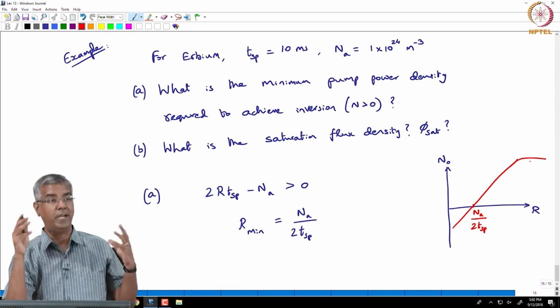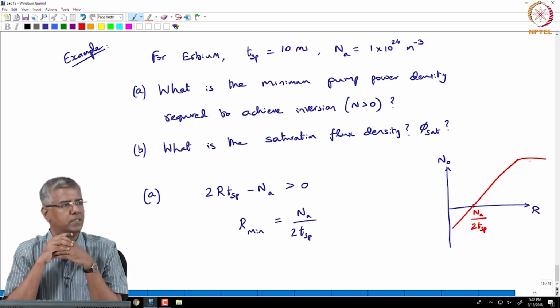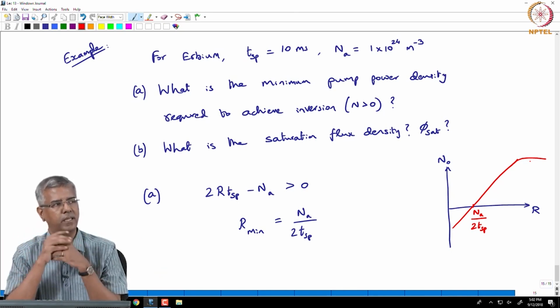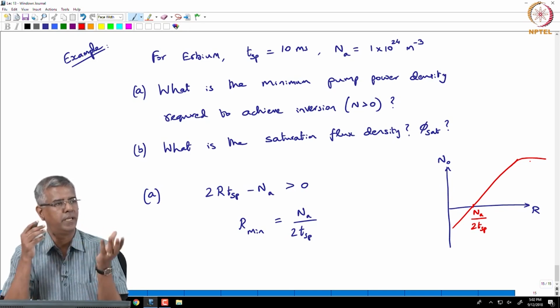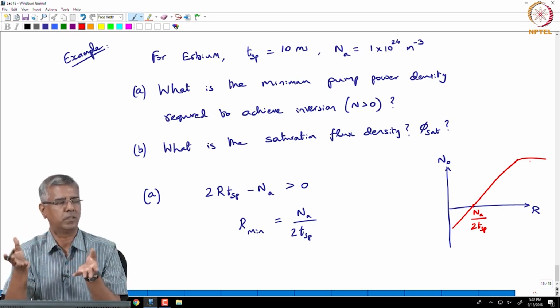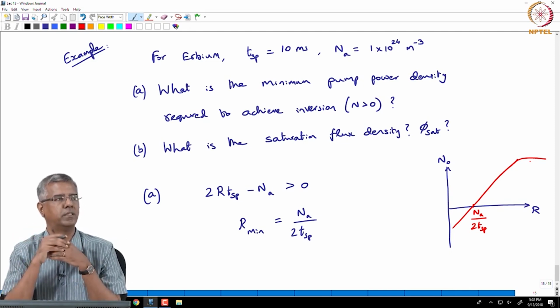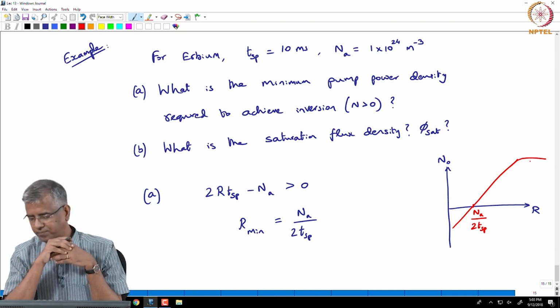So, you have a finite number of these erbium atoms in the matrix, and if you flood the gain medium with so many pump photons that all the erbium atoms are going to the excited state, there is no more erbium atom in the ground state, right. So, there is no more inversion that could be created, right.